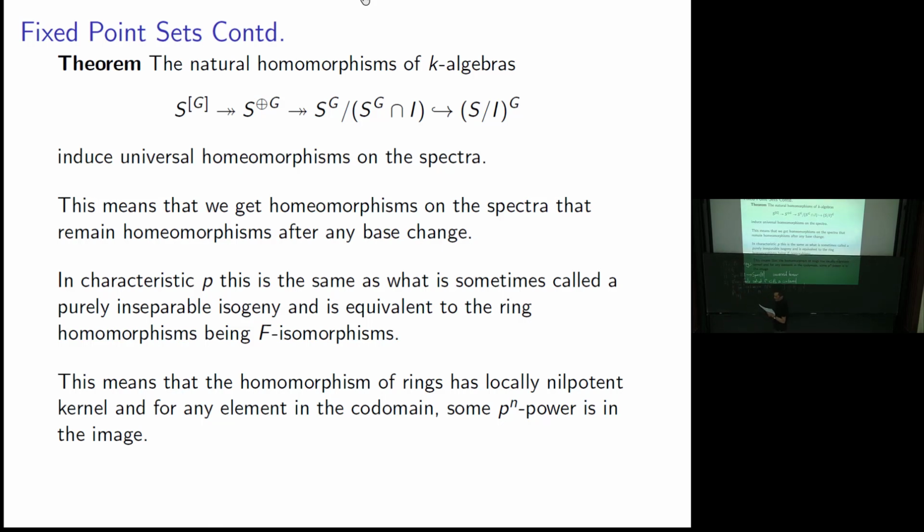The first is that b_i squared and b_i cubed are in the previous one. Or there's a prime number p such that p b_i and b_i to the p are in the previous one.